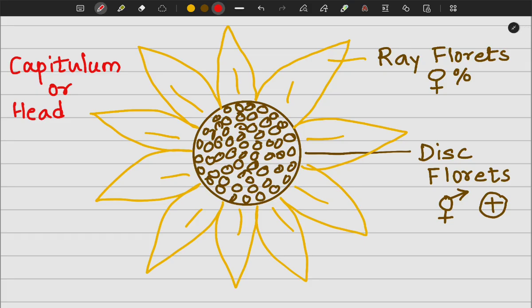In the center there are disc florets which are bisexual and actinomorphic, and around the periphery there are ray florets which are composed of female florets and they are zygomorphic. So I hope this special type of inflorescence, which is also the most advanced type of inflorescence called capitulum or head, found in Asteraceae family, is clear to you. Alright, so this is important. Please remember this. Questions could be asked based on this concept in the exam.